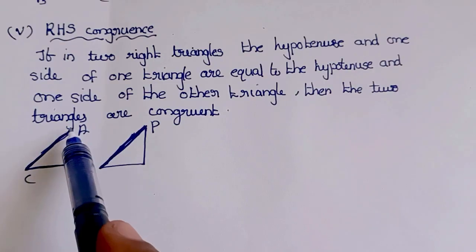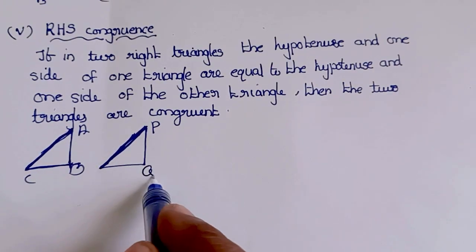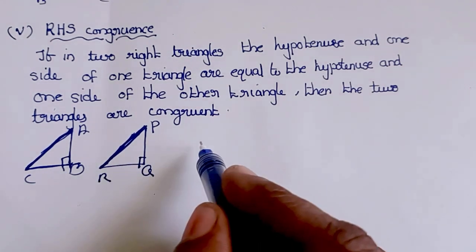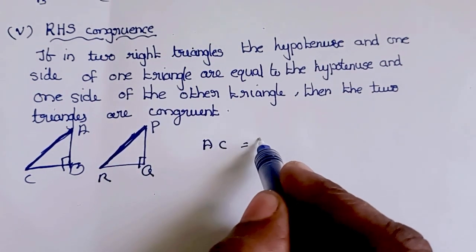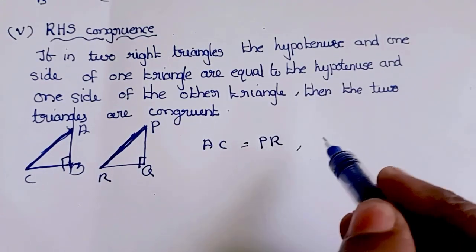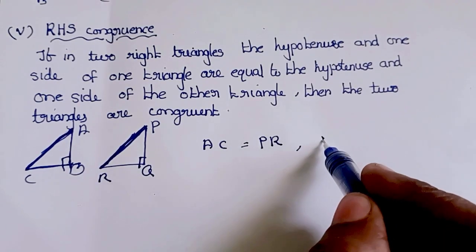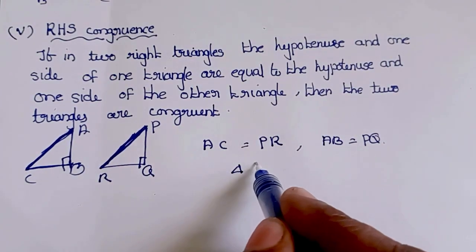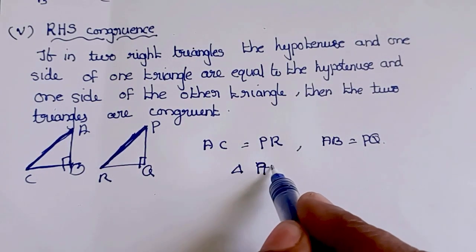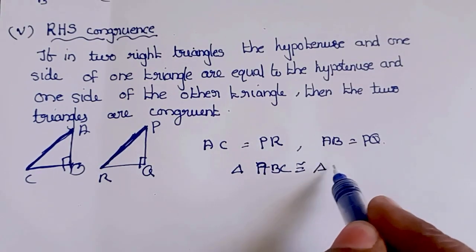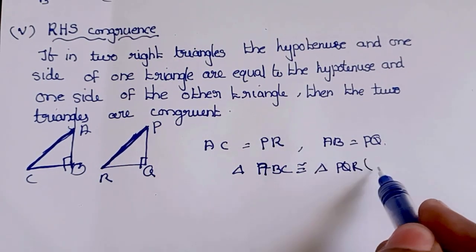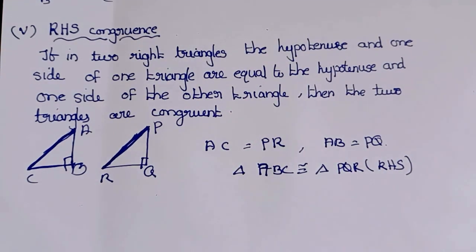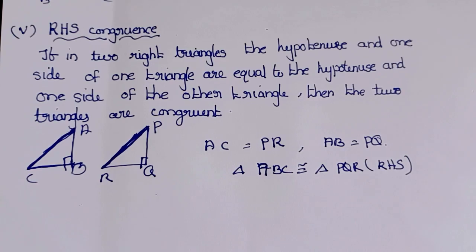That is, if in triangles ABC and PQR, these two are right triangles, we have hypotenuse AC equal to hypotenuse PR and any other side, that is AB equal to PQ, then we can say that triangle ABC is congruent to triangle PQR by RHS congruence. Right angle, hypotenuse, side. Right angle, hypotenuse and one of the sides.